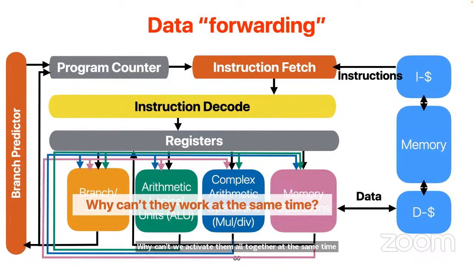Or why are we restricted to a CPI equal to 1? How can I enrich this pipeline to fully activate all the functional units?